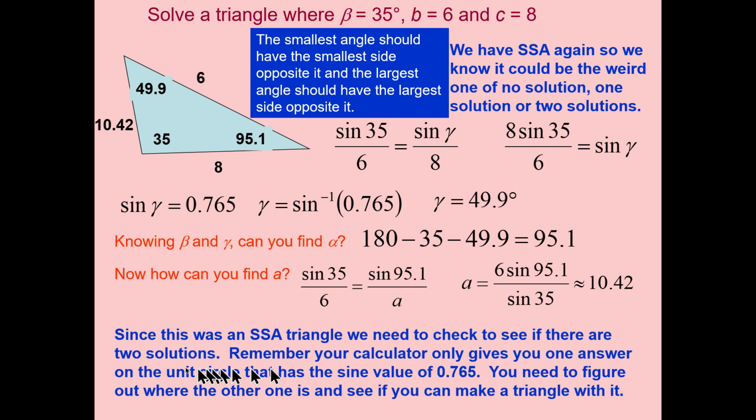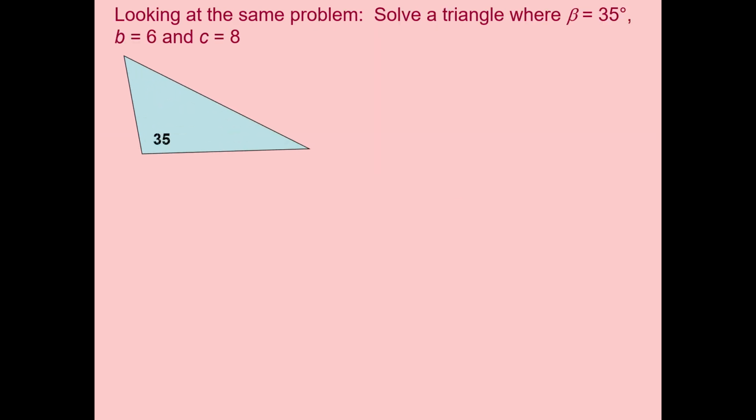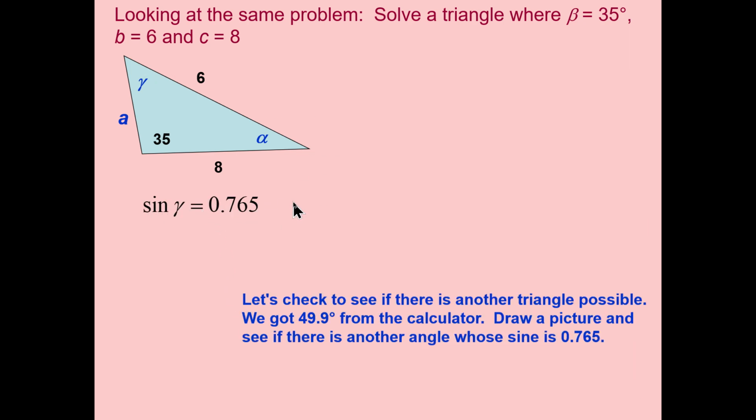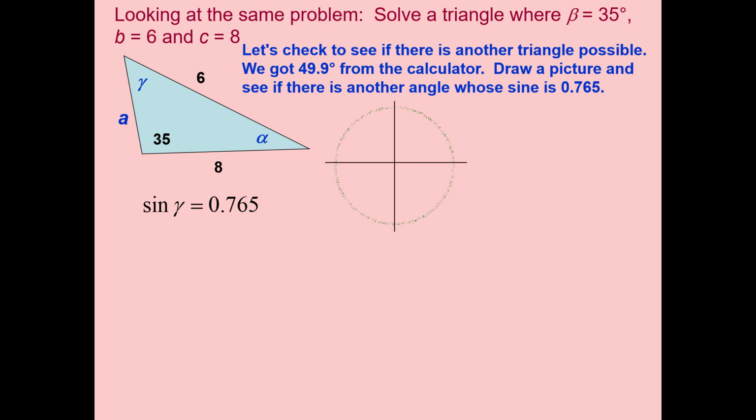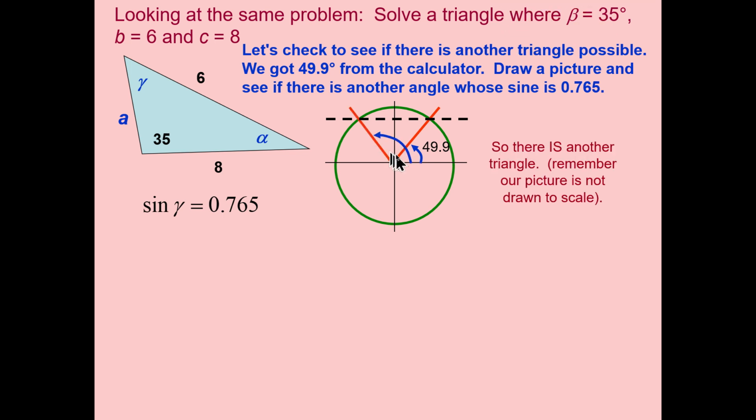Remember, your calculator only gives the answers on the unit circle, and you need to figure out where the other one is and see if you can make a triangle with it. You can draw it and see. We found it to be 49.9, and you see there is another angle here.